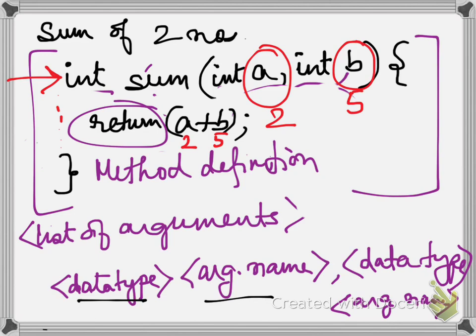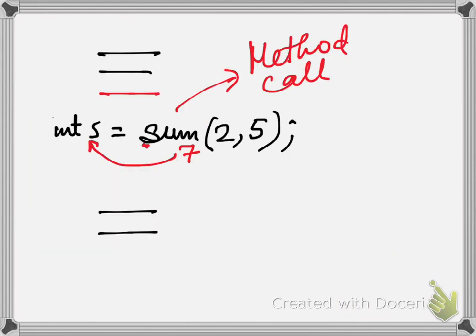And when it encounters the return statement, the control moves back to the point where it was called from. It returns 7, 7 will be stored in s, and then you can continue with the normal execution of this program. So this is a method definition and a method call.